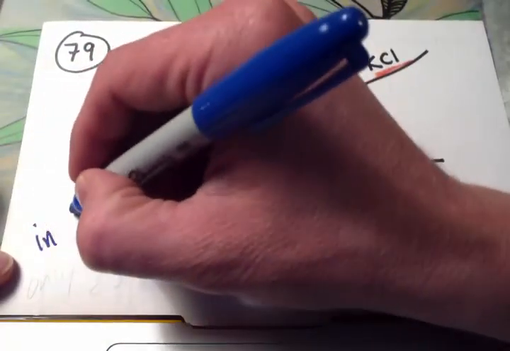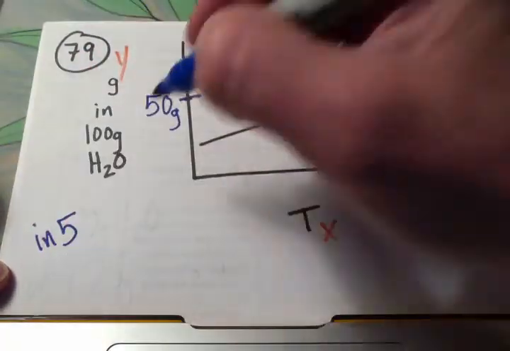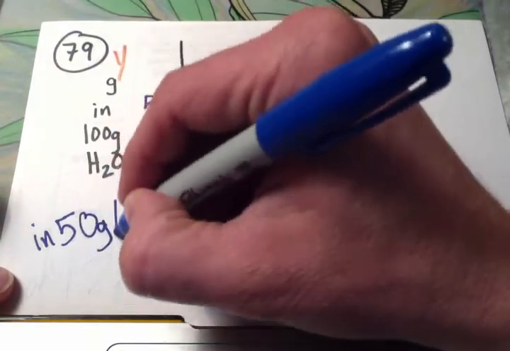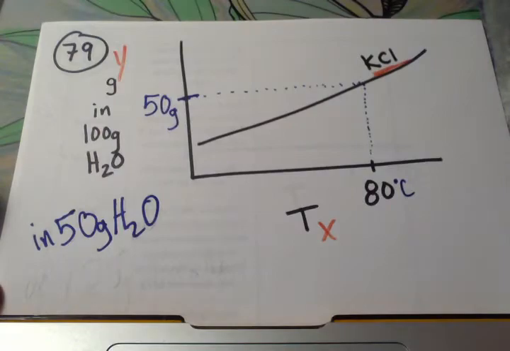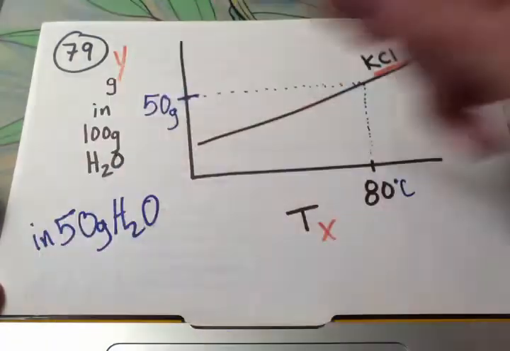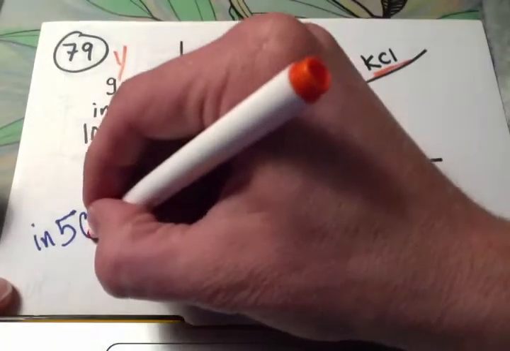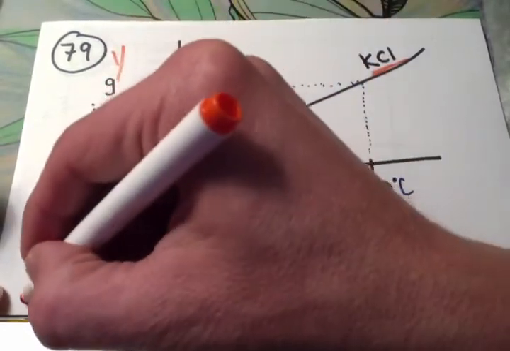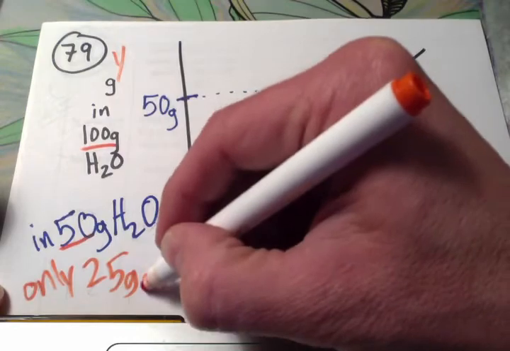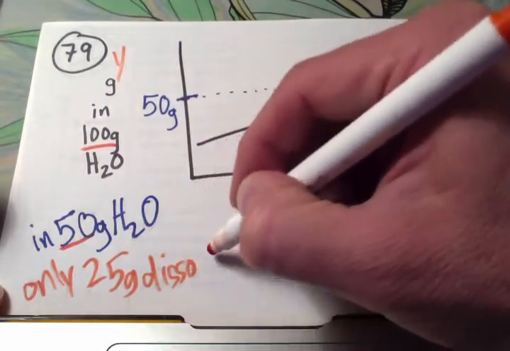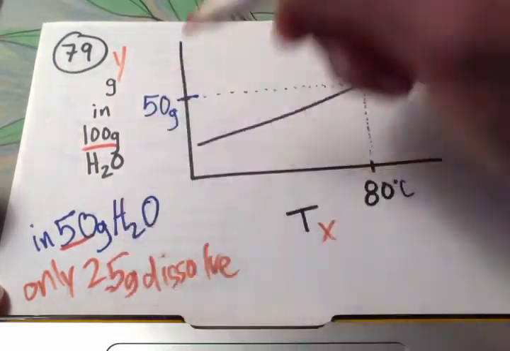So the question was how much would fit in 50 grams of water. Well, if it's 50 grams of water, then I can only squeeze in 25 grams. That is all that will dissolve.